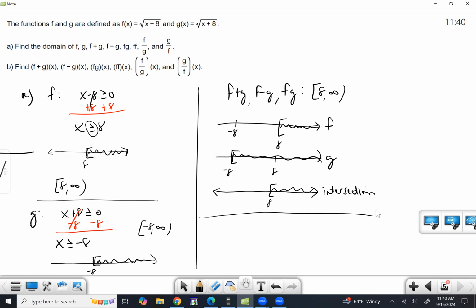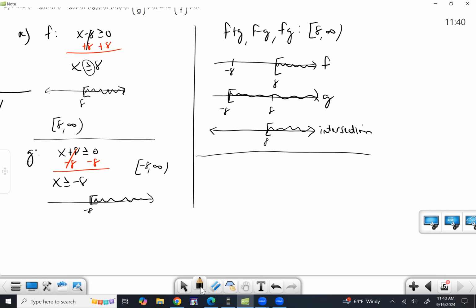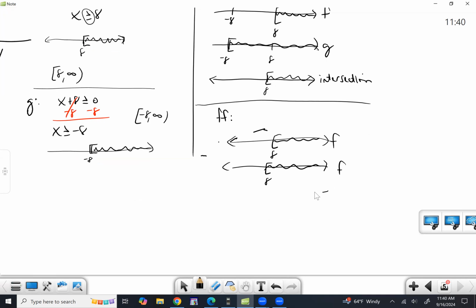Just to reiterate, if you had f, which goes from 8 to infinity, intersected with f again, from 8 to infinity, then where you would be double shaded would be 8 to infinity. So whenever a function is adding, subtracting, or multiplying with itself, it's just going to be whatever that function's domain is. So it's going to be 8 to infinity for that one.